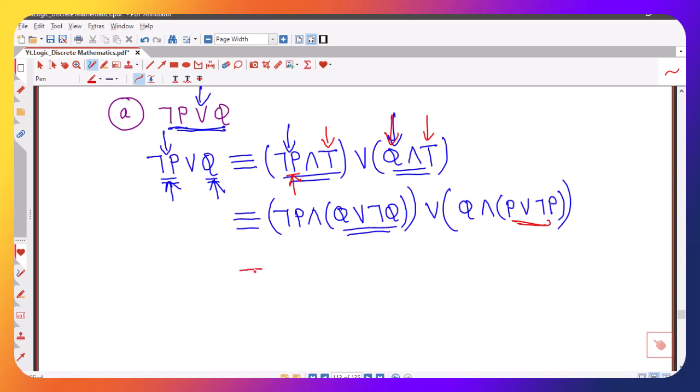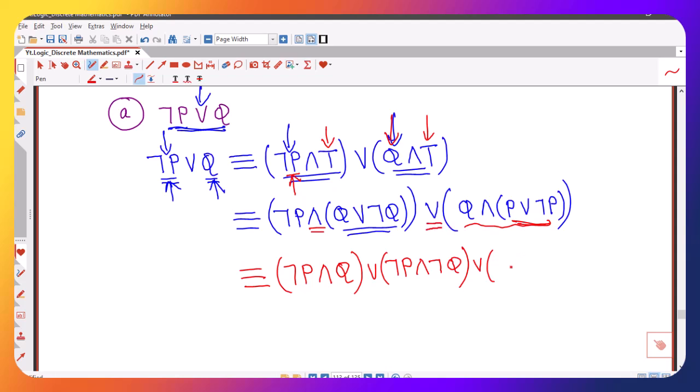Now we can use this distributive law. Here we have AND operator, here we have OR operator. So using distributive law, this I can write as negation P and Q, or in between, and negation P and negation Q. Similarly, I am using distributive law here also, or is in between.